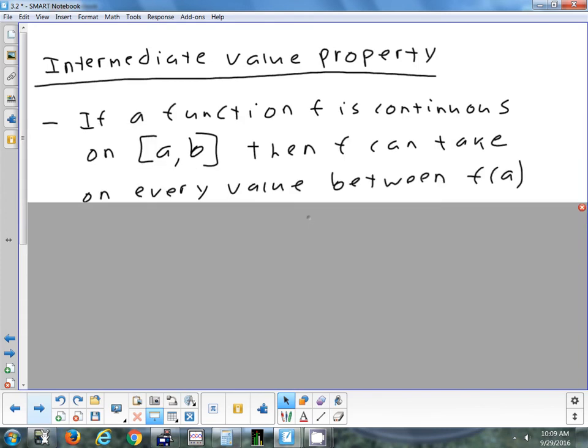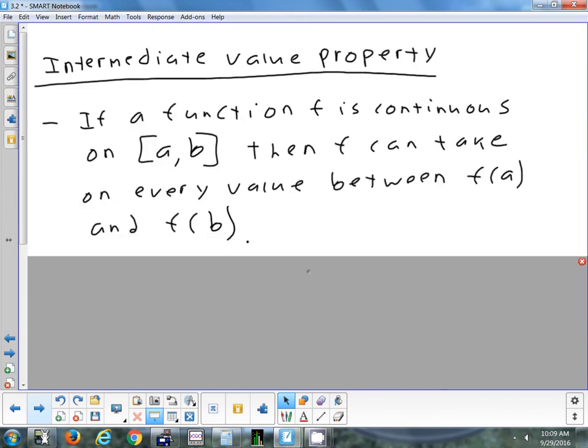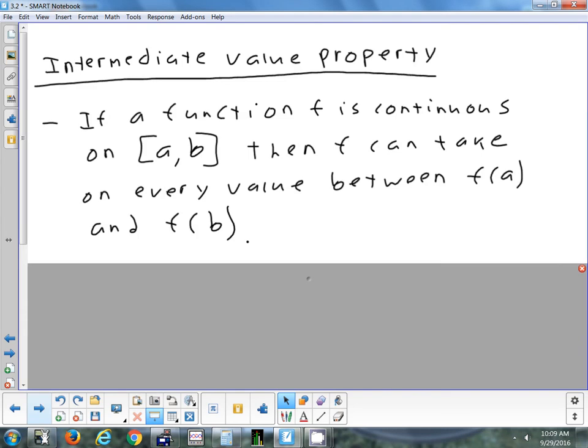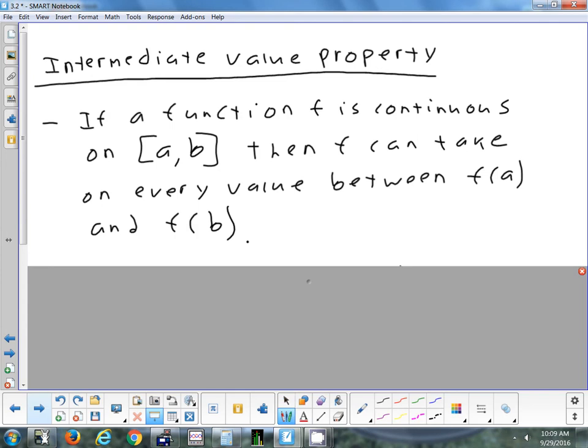Okay, and that's kind of the idea of the intermediate value property. Basically it says if you have a continuous function over a certain interval, okay, think of it like 70 to 212 degrees, then any value between those two numbers, it will hit at some point. Okay, so let's say you plug in A and you plot the graph and the point is right there.